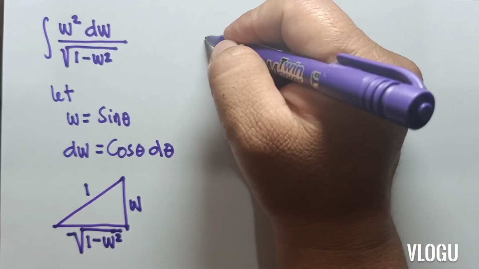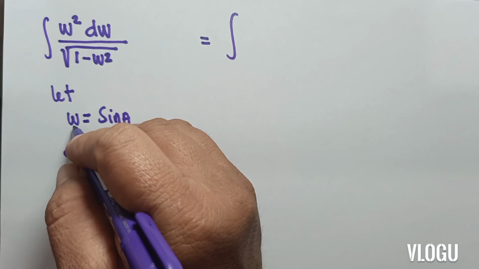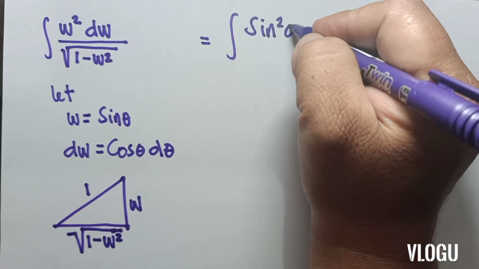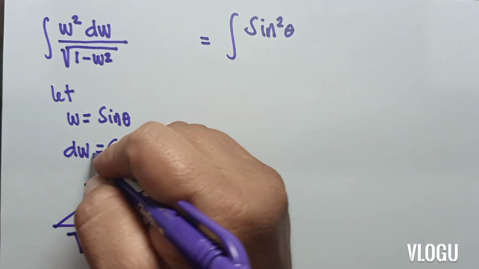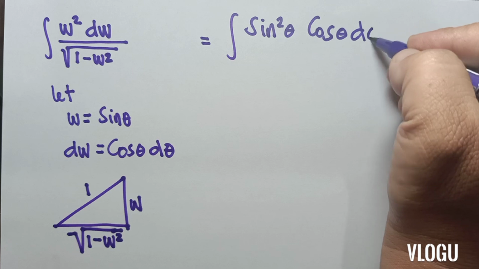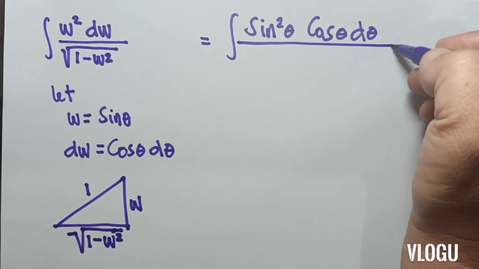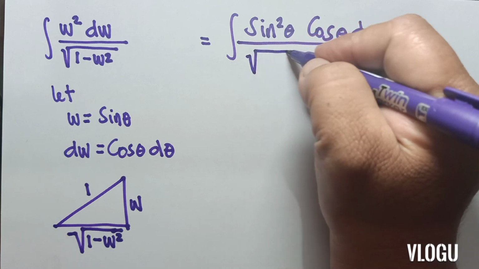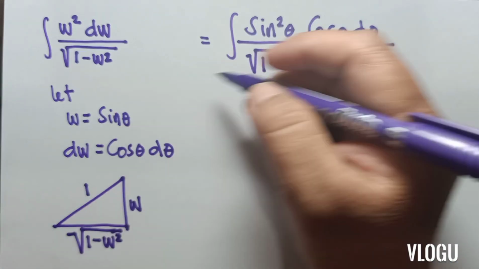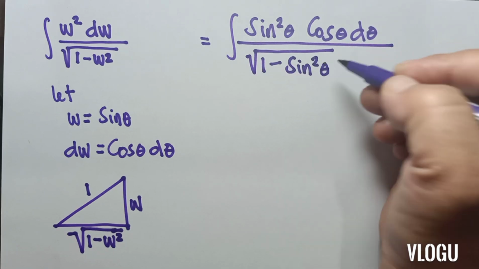Okay? So therefore, we will have the integral of w square, that is sine square theta, times dw, that is cosine theta d theta, over the square root of 1 minus w square, that is 1 minus sine square theta.